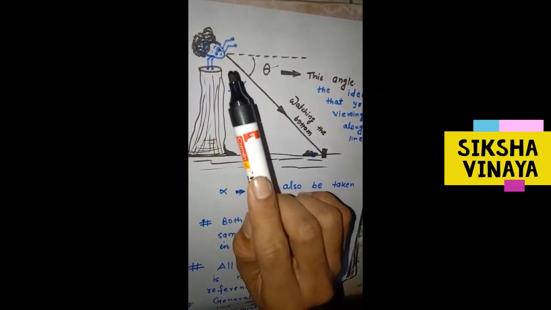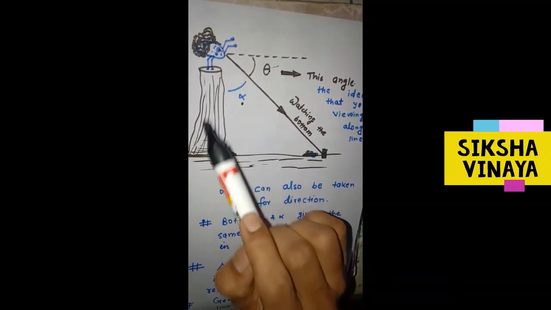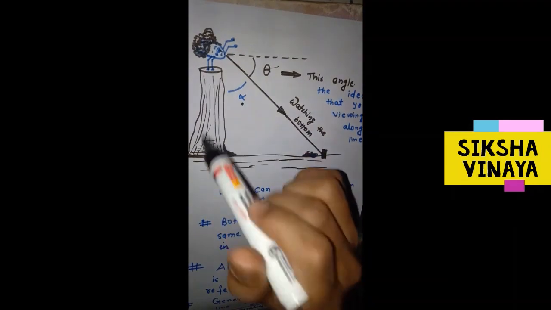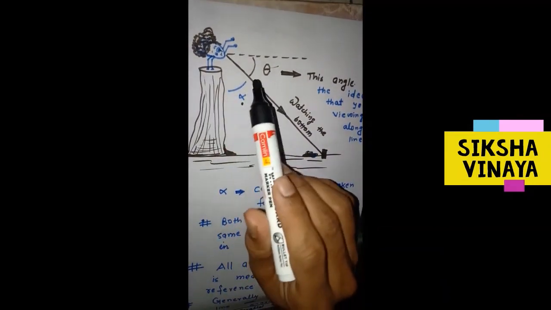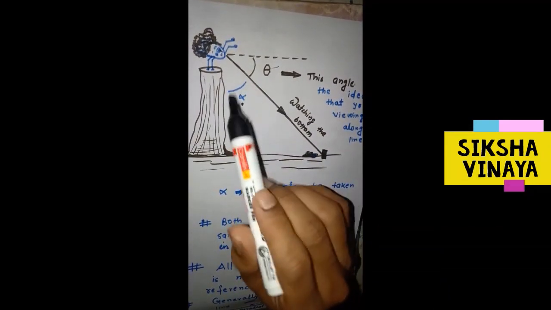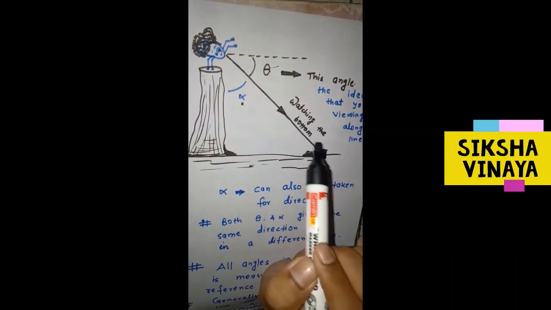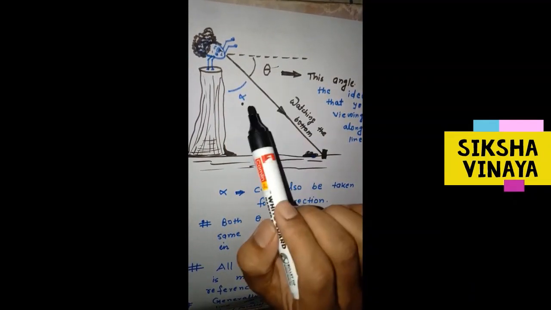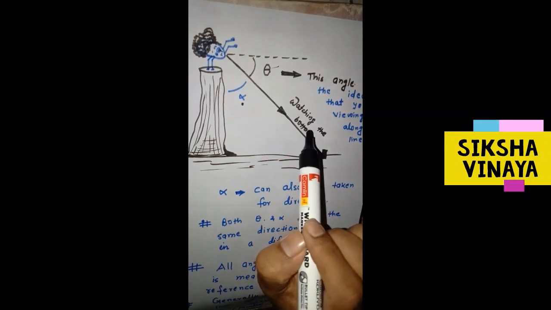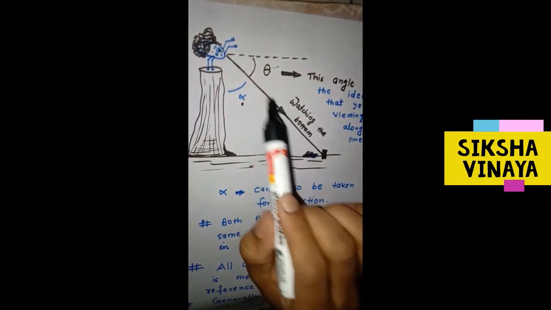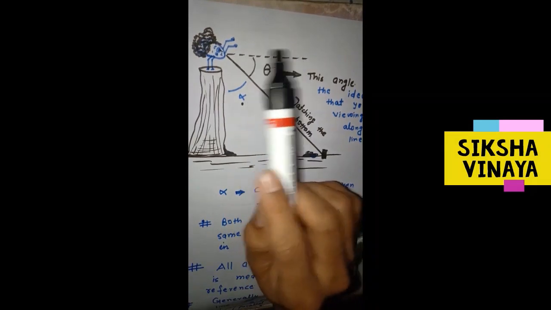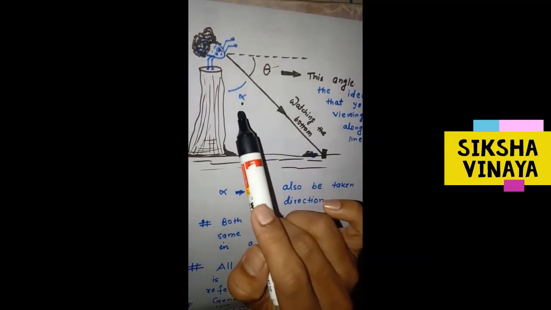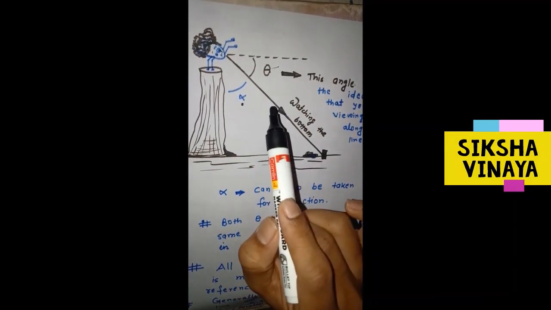Or if you measure the angle from this line, the height of the tree, then the perspective can be given by alpha, which denotes the same line, same direction. So both the angles can give the same answer, same effect, same result, but here the reference line is different. It is up to you.